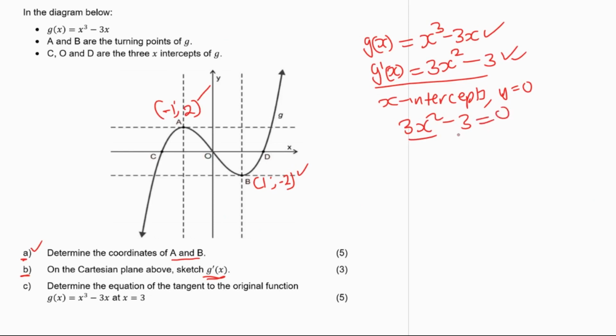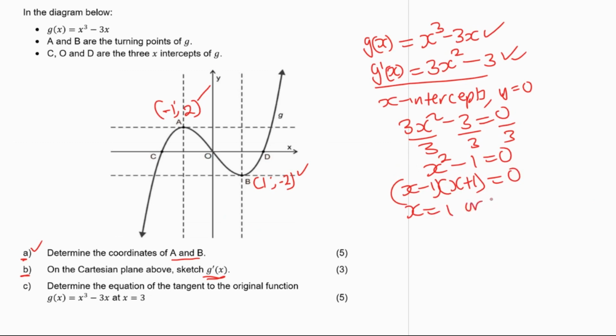And then we managed to find this anyway. Right, 3 times x squared minus 1 is equal to 0. Then x minus 1, x plus 1 is equal to 0. Then that means x is equal to 1 or x is equal to negative 1.